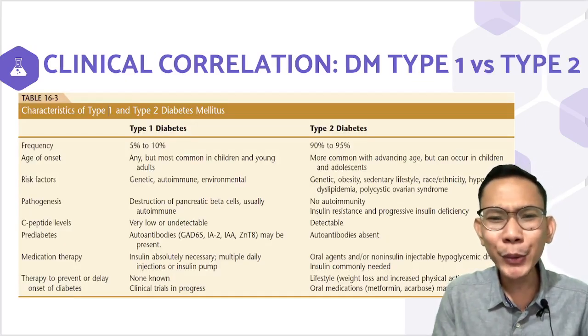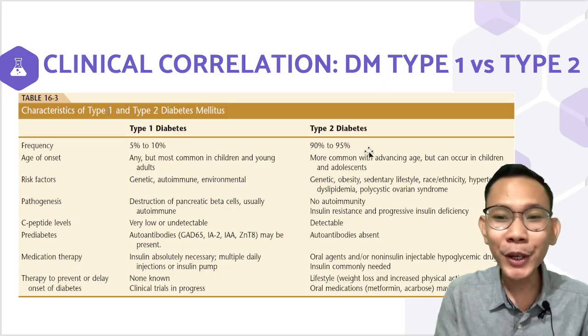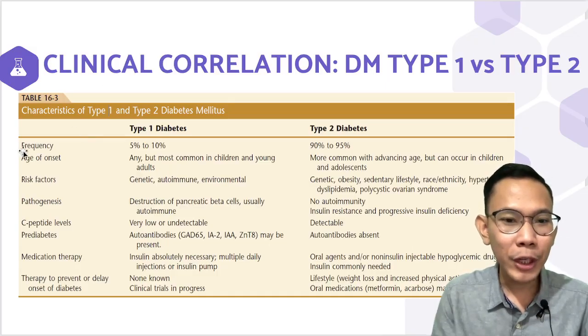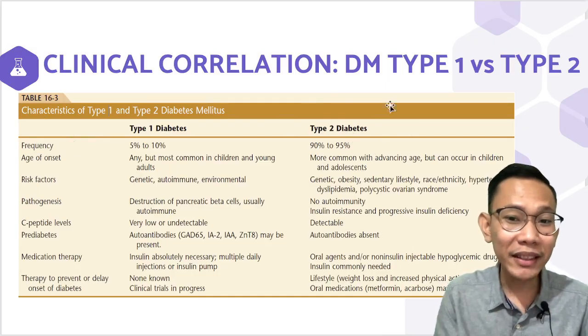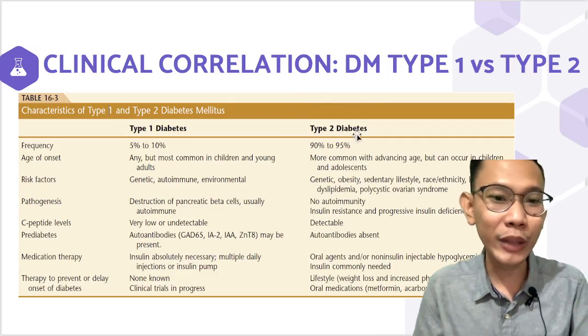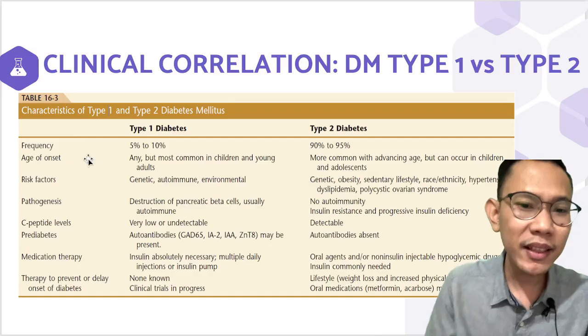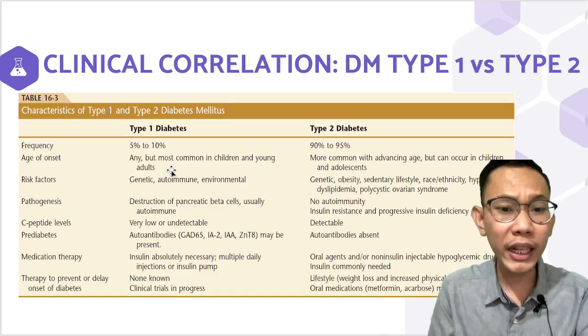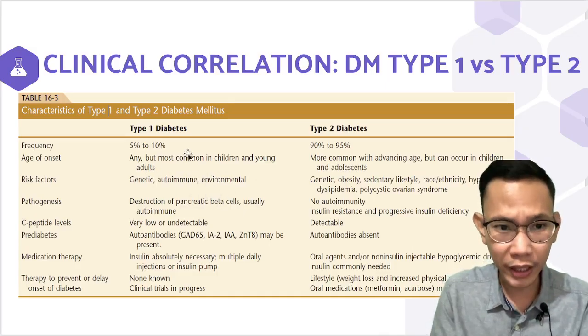So now let's do a comparison of your type 1 versus your type 2 DM. In terms of frequency, mas common pa rin ang ating type 2 DM, usually 90 to 95%. Age of onset, sa type 1, it's any, but most commonly in children and young adults. So, mas common sa younger age.